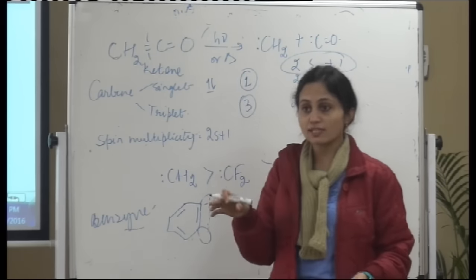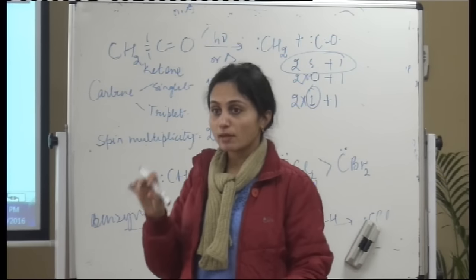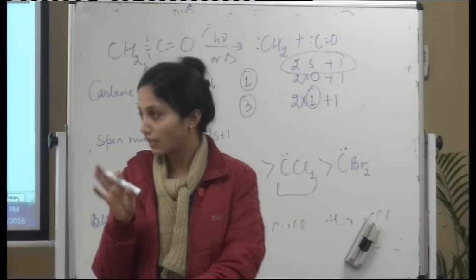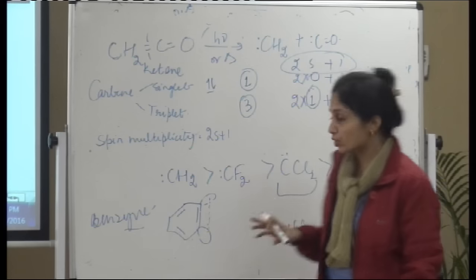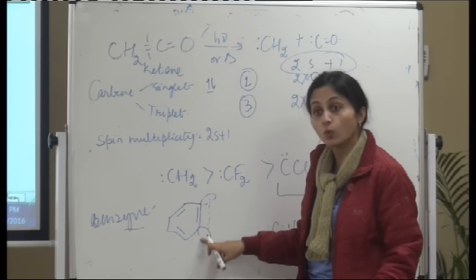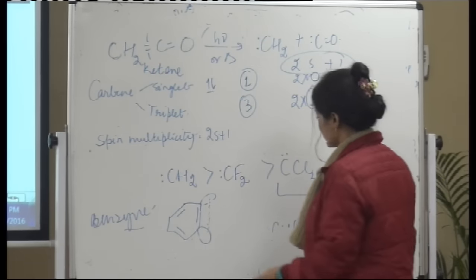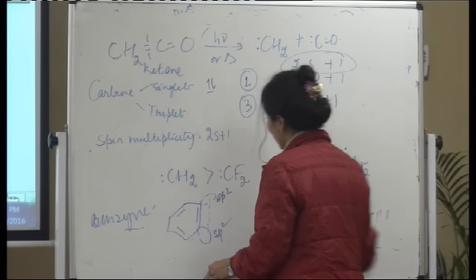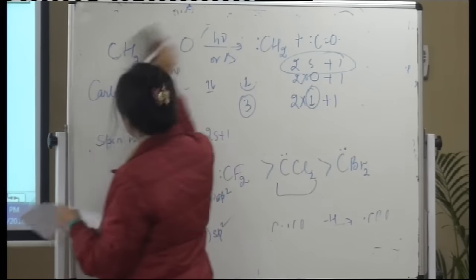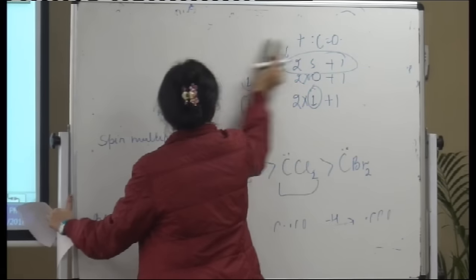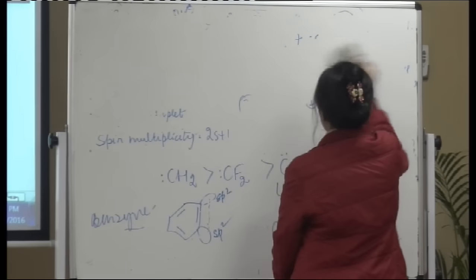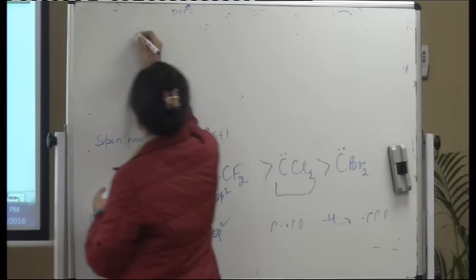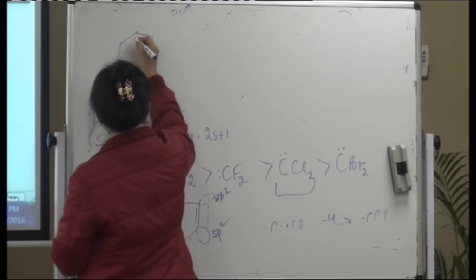This question has been put up in reasoning. So remember that in benzyne, the third bond which is formed, the triple bond, is attributed to the overlapping of two sp2 orbitals. So it is also sp2 and this is also sp2, and you get a benzyne. I'll just put one method of preparation for benzyne on the board. The method of preparation for benzyne can be from chlorobenzene itself. It is an intermediate which is generally formed.